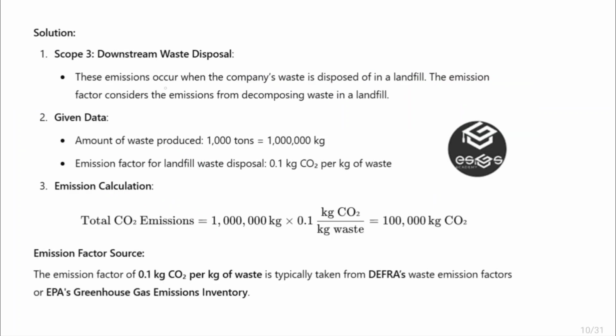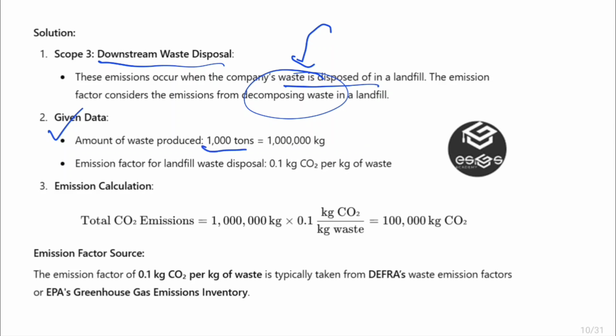The solution says that these emissions are occurring when the company waste is disposed of in a landfill, and emission factor considers the emission from basically decomposing the waste in the landfill. So this is downstream waste disposal, and majorly the emissions are coming from decomposition of the waste. So what is the total amount of the waste produced?